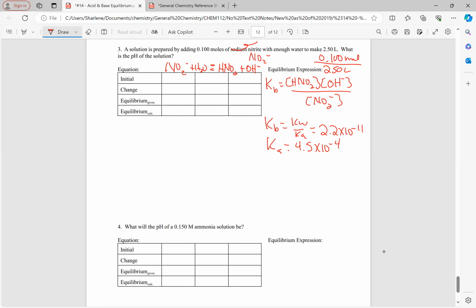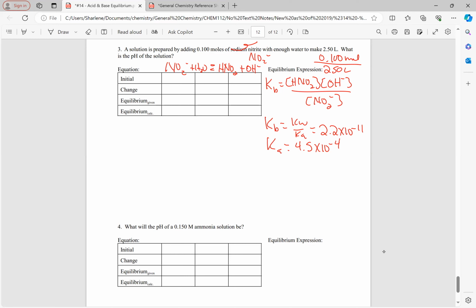I was so used to seeing milliliters that I was trying to convert, and I should have just trusted my instincts the first time.